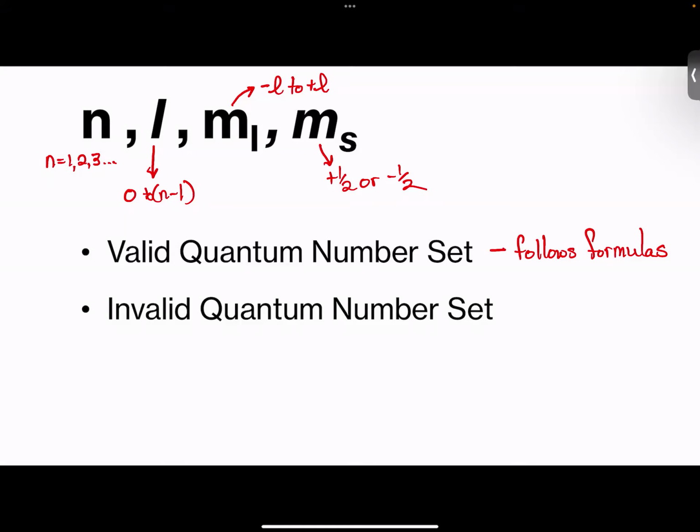Questions? Again, it's valid if it follows the formulas. It's invalid if it doesn't. And what I mean by that is it has to follow step by step by step by step. If any one of these steps is broken, then it's an invalid set.